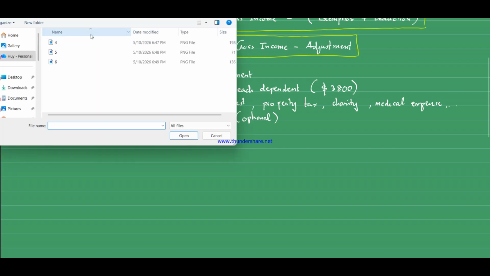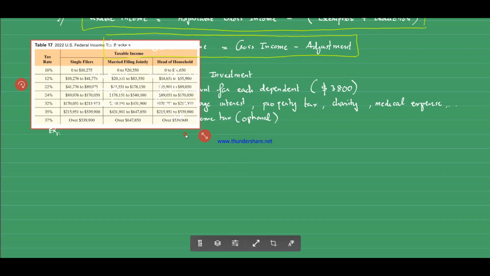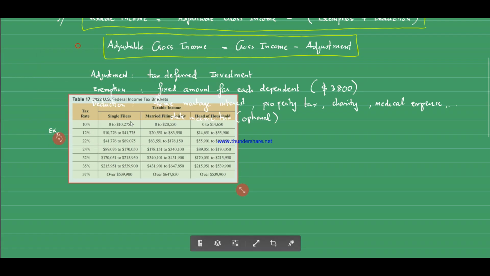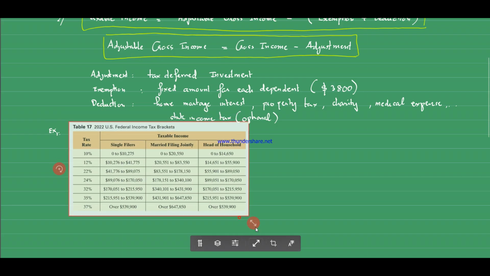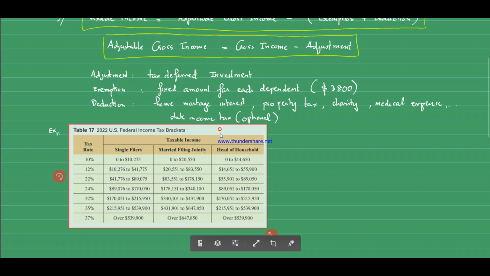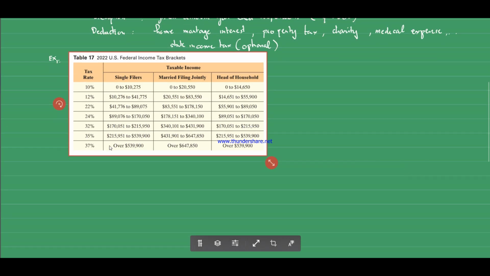Show the image here. Okay, so they have the tax bracket right here. You see that you have a tax bracket with different rates for each of the three categories: single, married, and household. And there are different rates for each bracket.